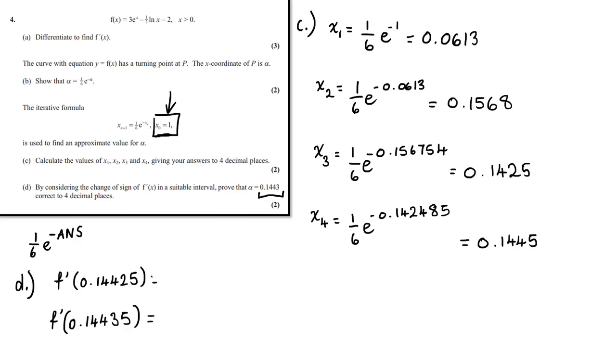And what we're hoping to show here is that one of these values will be positive and one will be negative. And if that's true, the change of sign indicates that the root lies in that interval. So I've already entered these into my calculator for f prime. I've cleared it off the screen already, but we had f prime here in part A. But just enter these values into your f prime.